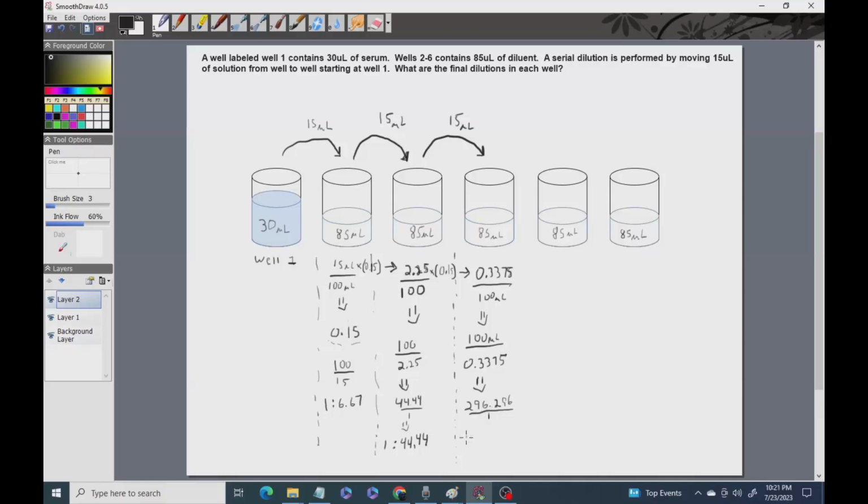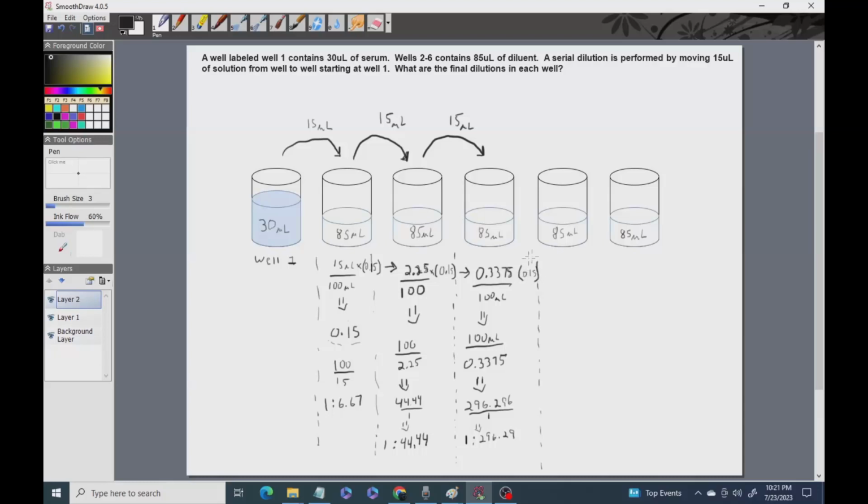So I would just shorten it and say this is a 1 to 296.29 ratio. Let's keep going. So we'll multiply this again by our multiplier 0.15.